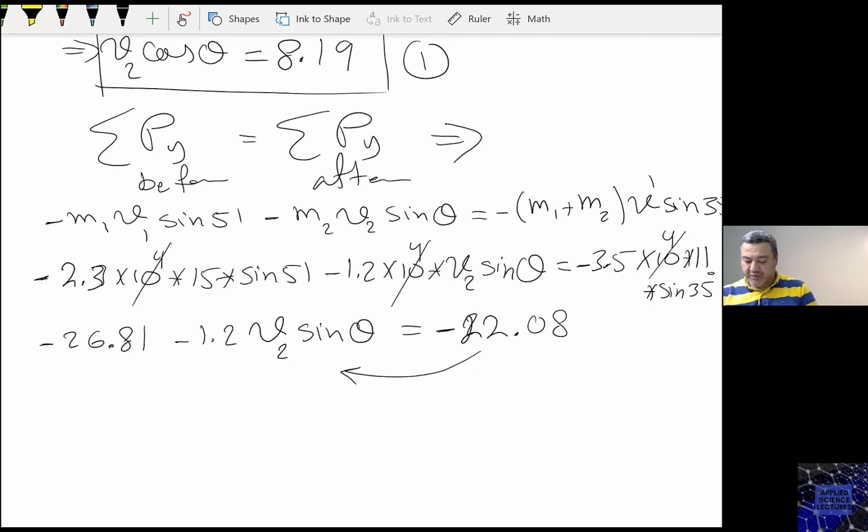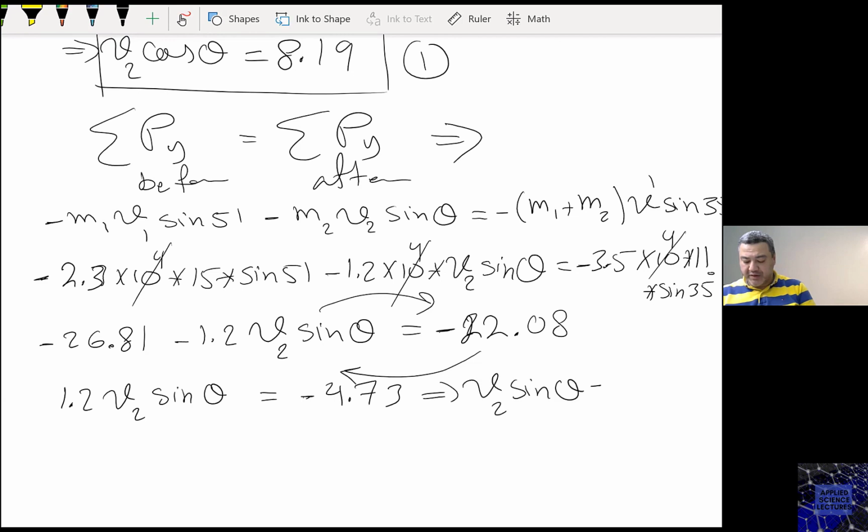Again, take this one to the side and this one to that side. We have 1.2 V2 sine theta equals, I have minus 26.81 plus 22.08 as minus 4.73, and V2 sine theta is minus 4.73 divided by 1.2.